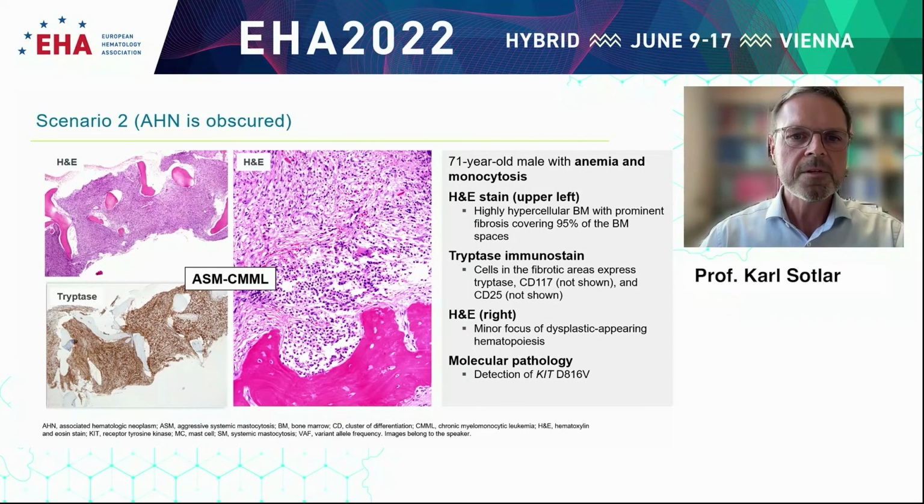And the problem here is to find minor areas with remaining hematopoiesis, which looks quite atypical here, together with the clinical information that there's also monocytosis. We were able to make a diagnosis of ASM-CMML in this patient. This patient also had the KIT mutation D816V.